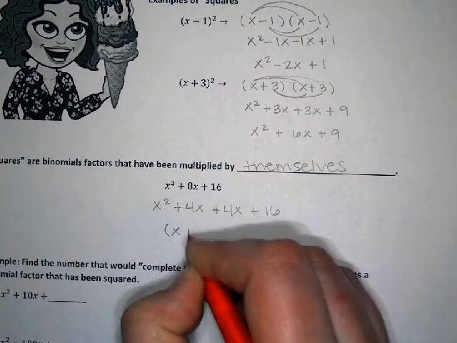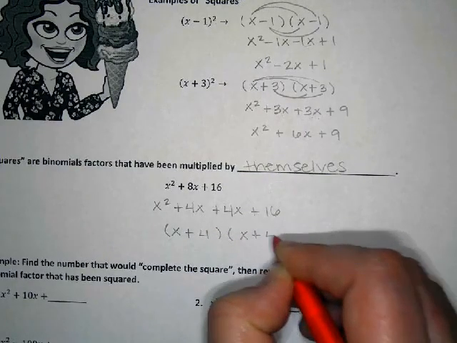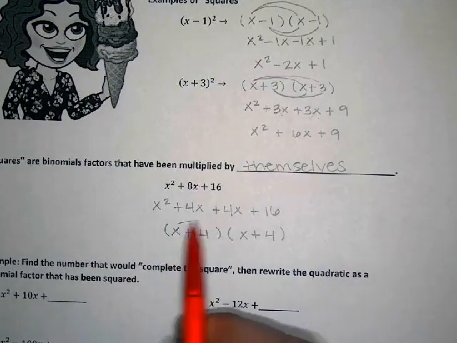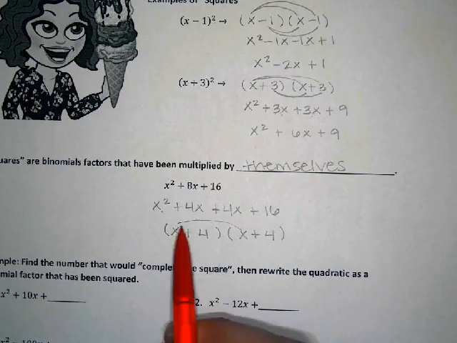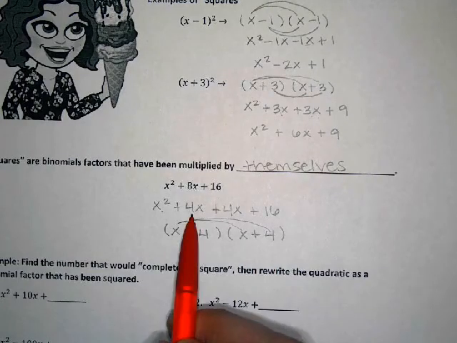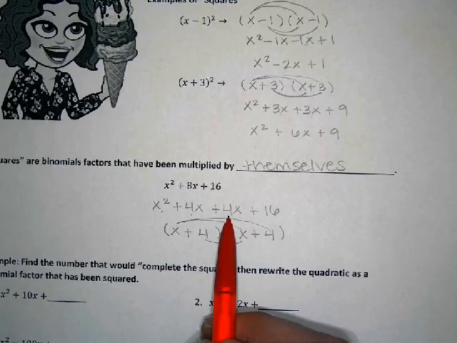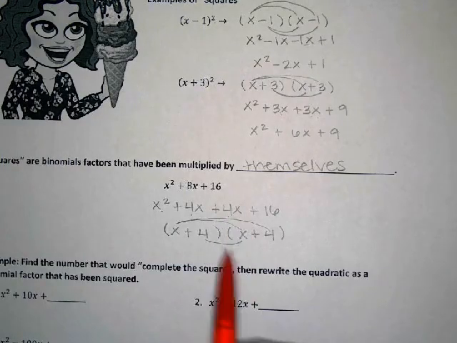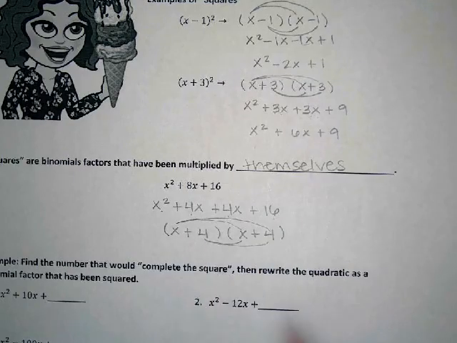And we can verify it. If I did x times x, does that give me x squared? Yes. x times 4 gives me 4x. 4 times x gives me 4x. 4 times 4 gives me 16. Yes. So x plus 4 and x plus 4 is perfect.